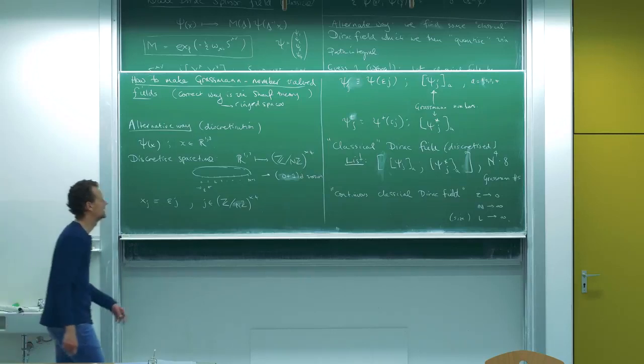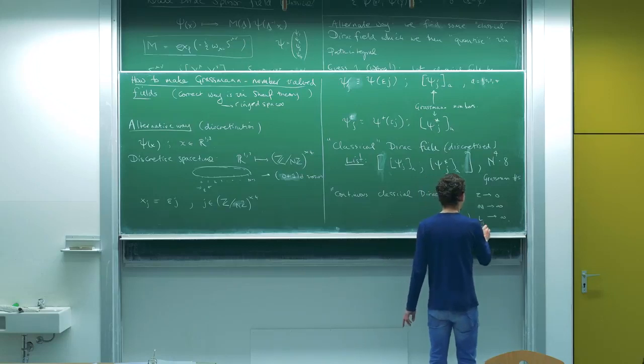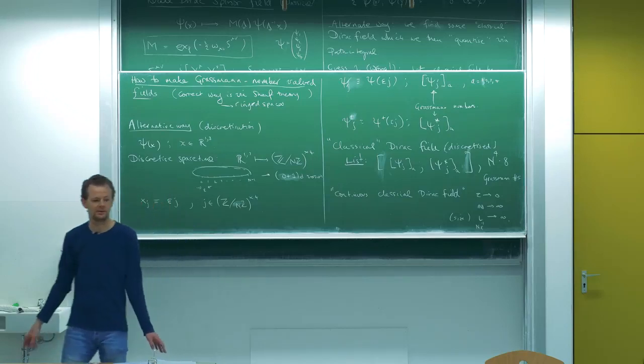And the size is n times epsilon. So if you can imagine that, that's what a classical Dirac field is.